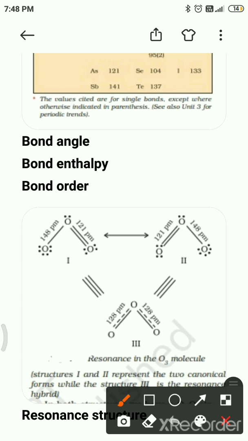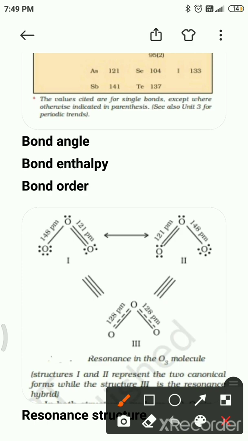So there is no such equilibrium between the canonical forms as we have between the tautomeric forms, ketone and enol, in tautomerism. The molecule has a single structure which is the resonance hybrid of the canonical forms, and which cannot be depicted by a single Lewis structure.